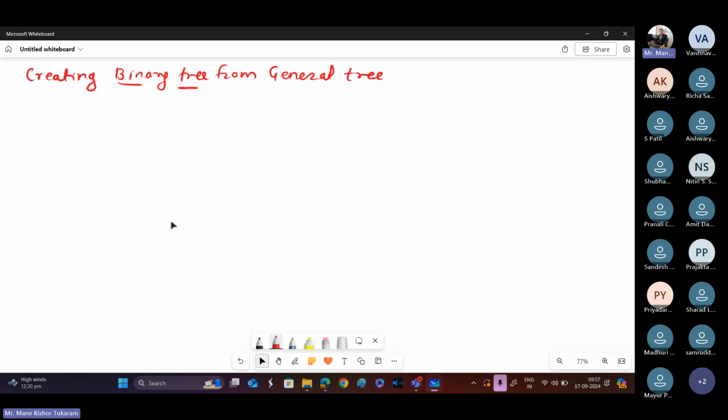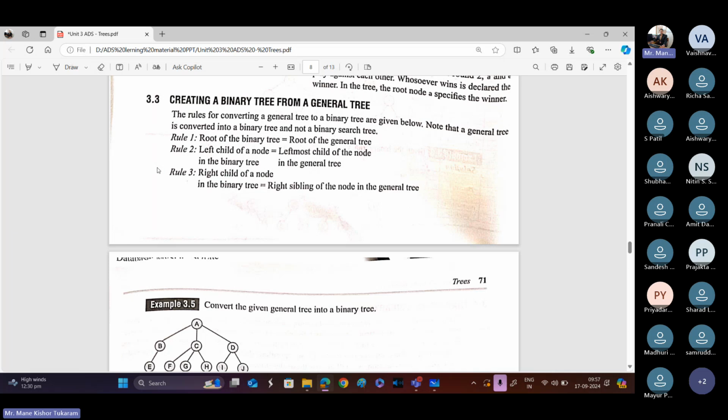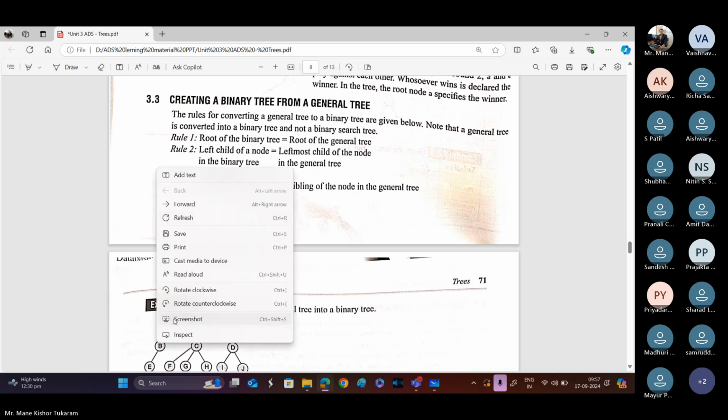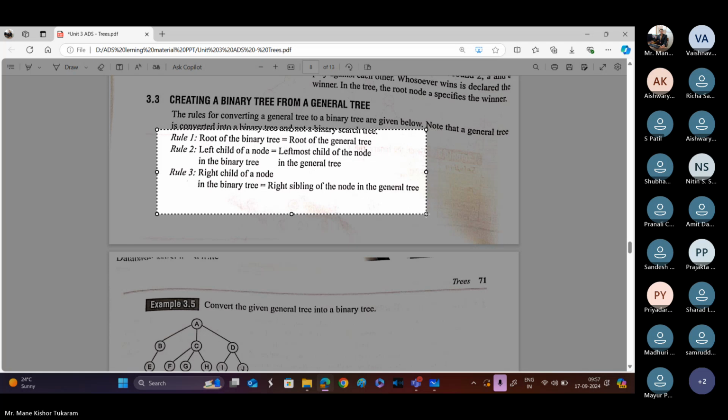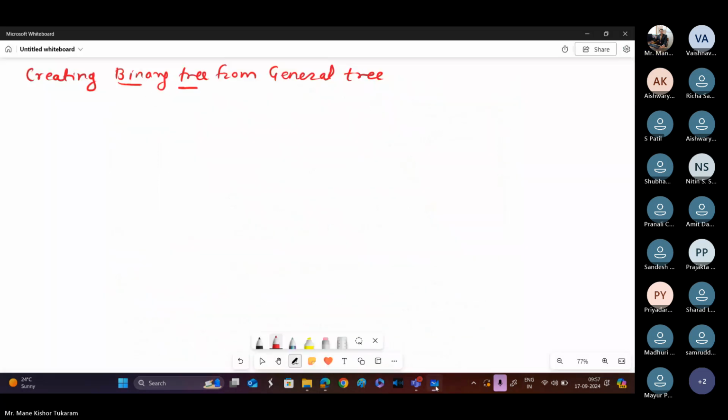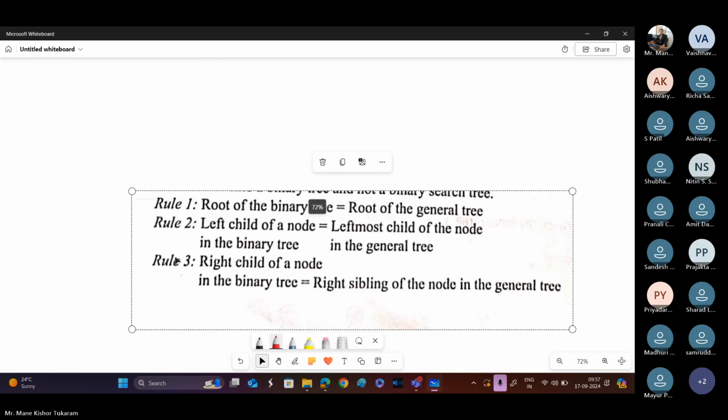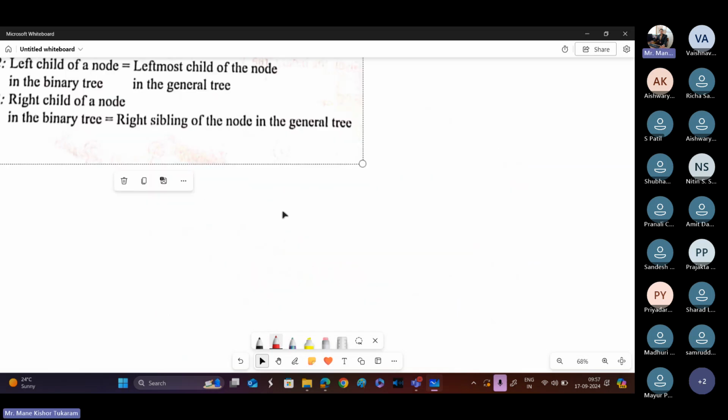So what are the requirements? So it is having the 3 rules inside that, and these are the particular 3 rules which are used for creating the binary tree.